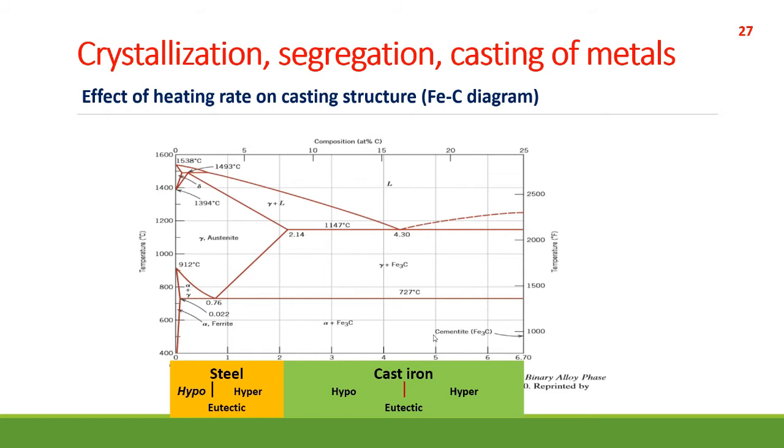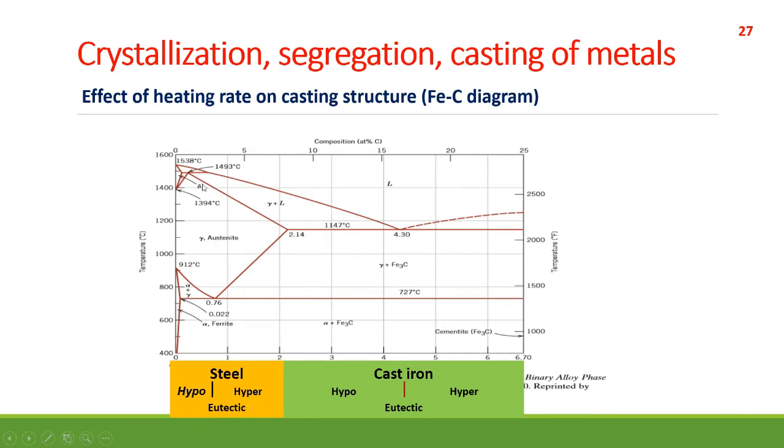So next we are again back to the iron carbon phase diagram that we always deal with. Here I will talk about the effect of heating rate, but we have already discussed it, so I will just give you a reminder. You see here, this is our liquid phase.